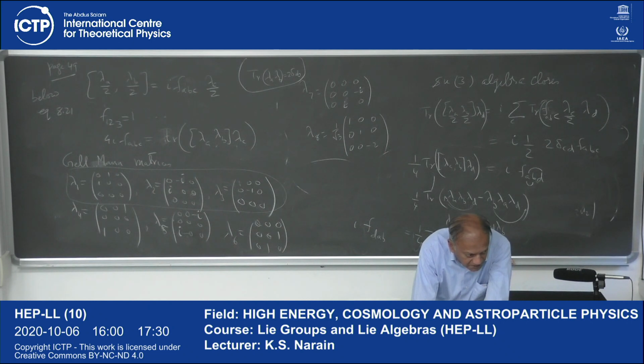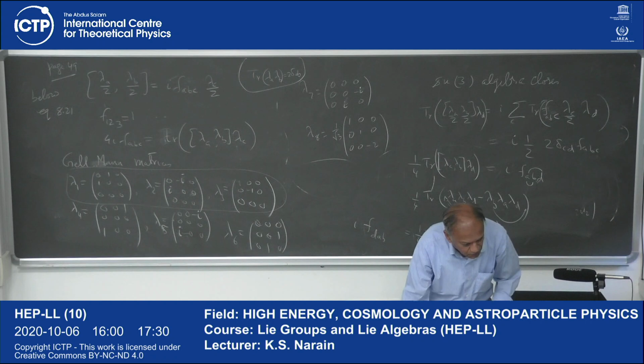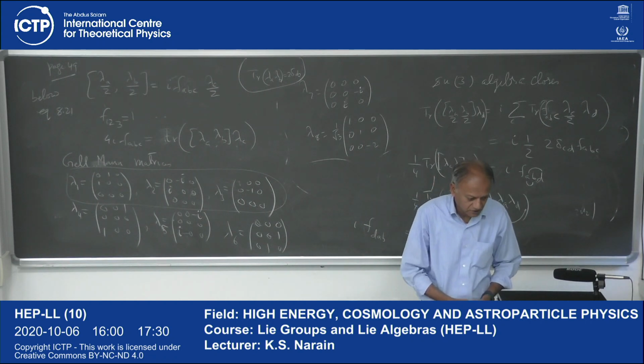I think 2 weeks will be needed for that. The general discussion, Lie algebra classification and so on. It will take time, but I will see. Maybe I will spend, if not the whole lecture, maybe half a lecture on Young tableau. Maybe. But after I finish SU3. I mean, after I discuss the representations of SU3, maybe then I will come back to the Young tableau.